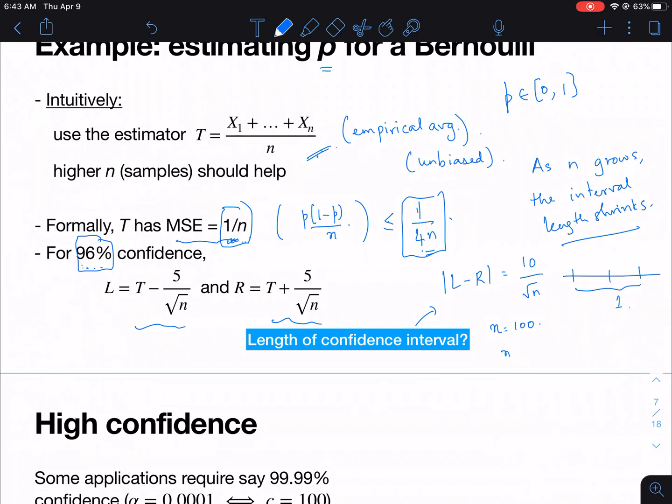But if I were to choose n equal to 10,000, then root n becomes 100, and now the length of the interval L minus R is only 0.1. Now I'm getting somewhere.